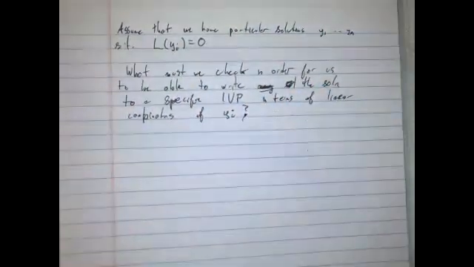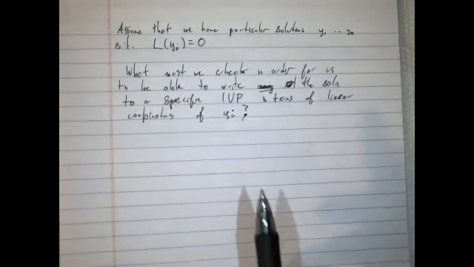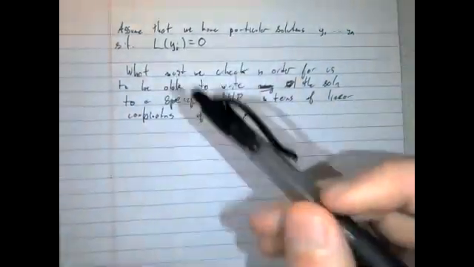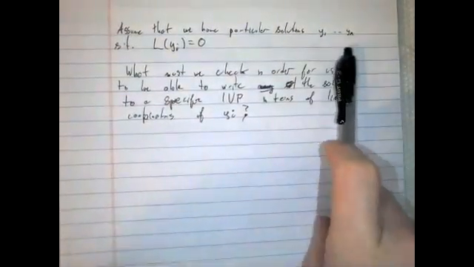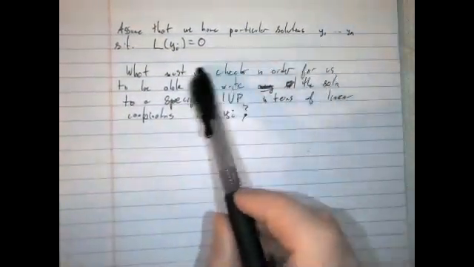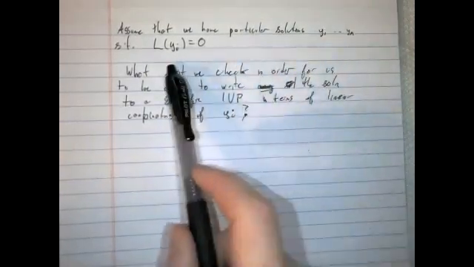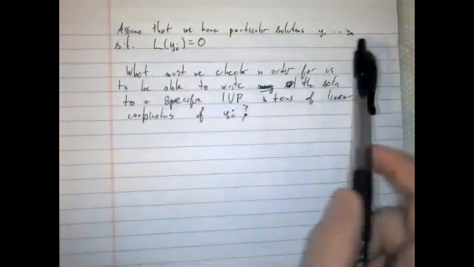Linear independence. Yeah, exactly. I need some condition on not only these functions, but on all their derivatives, right? Like, literally, what does it mean to write a given solution to an IVP in terms of these functions?